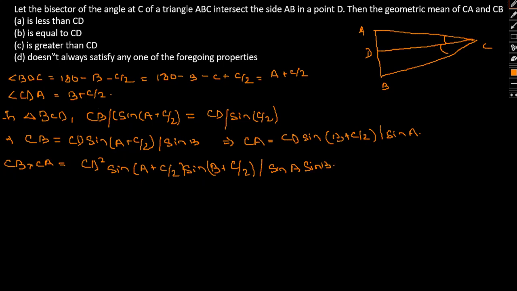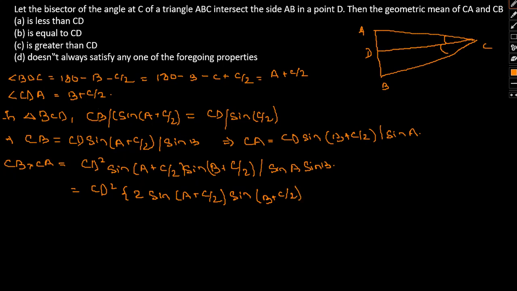Okay, this thing we can further write as CD square by 2. So sine A plus B into sine A will be, if we just use the formula over there, sine A plus C by 2, we have multiplied 2 over here and another 2 will multiply it over here, sine B plus C by 2.